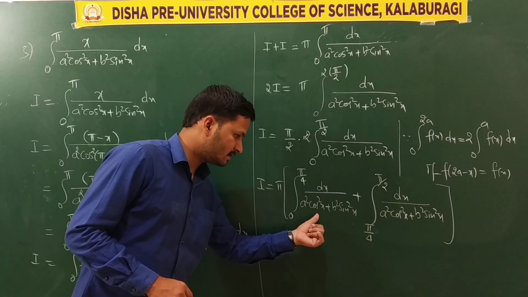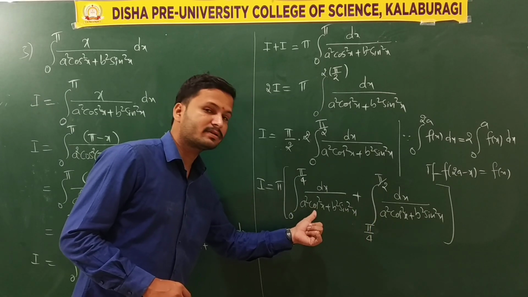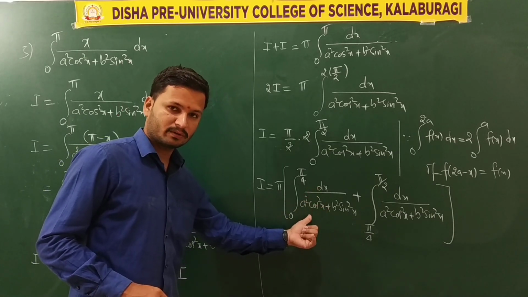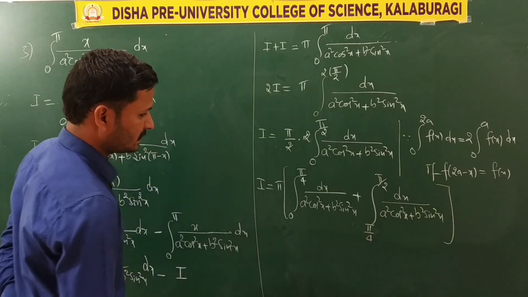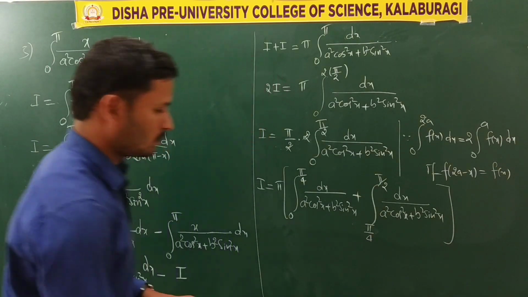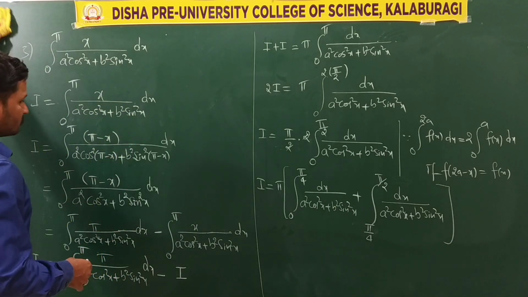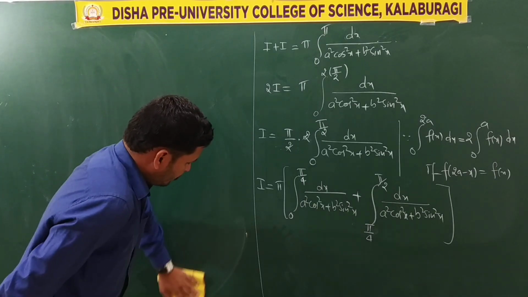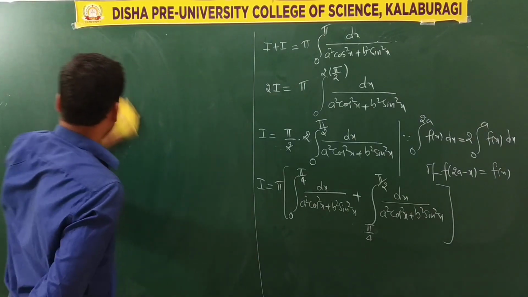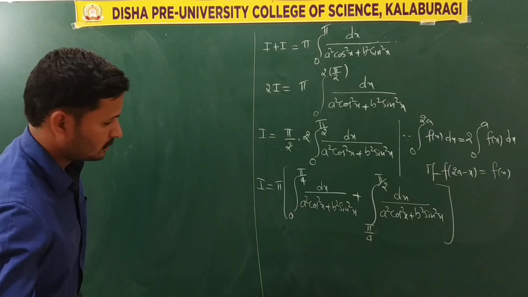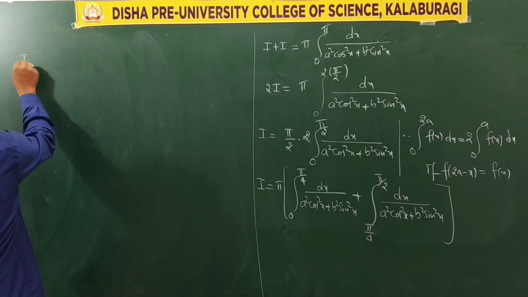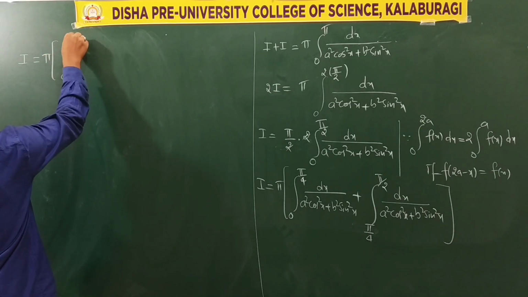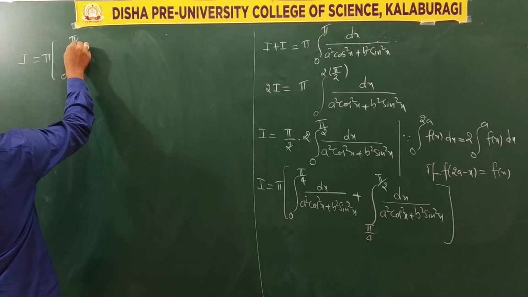In this first integral, I will take cos square x common in the denominator. So integral I is pi times the integration from 0 to pi by 4.